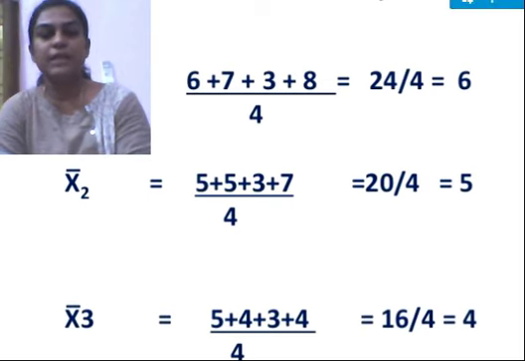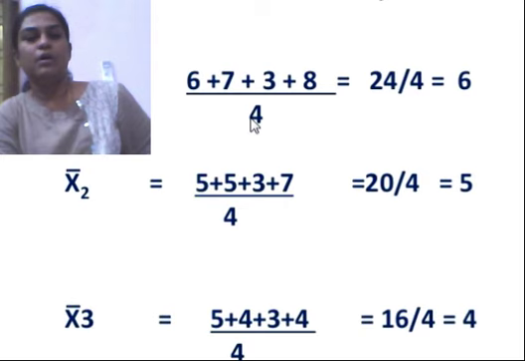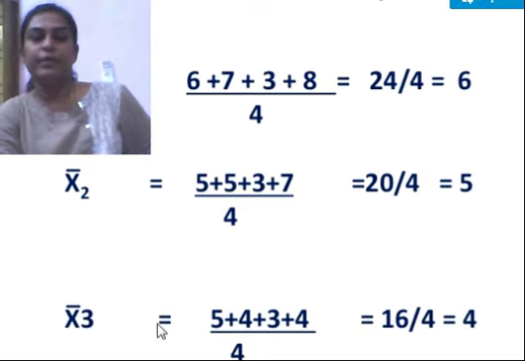See, the x1 mean calculation; these are all our assumed values here. x1 is 6 plus 7 plus 3 plus 8 divided by 4, which is 24 by 4, so 6. So x1 bar is 6, x2 bar equals 5 and x3 bar equals 4. That is step 1, obtain the mean of each sample.